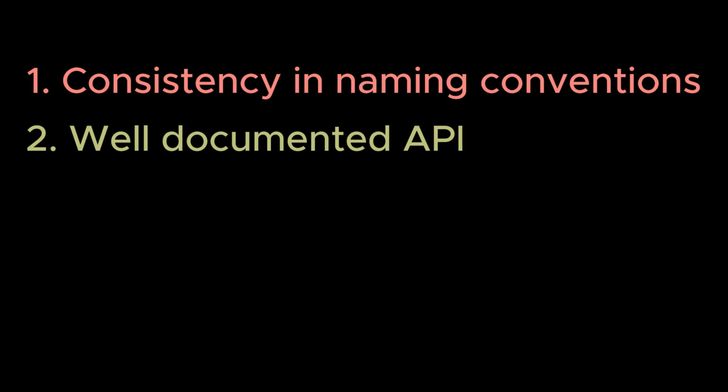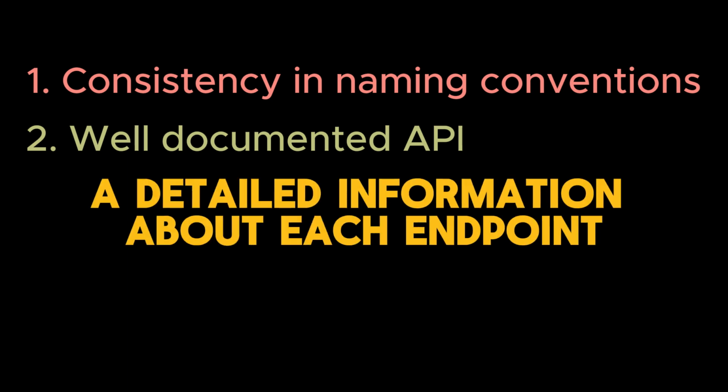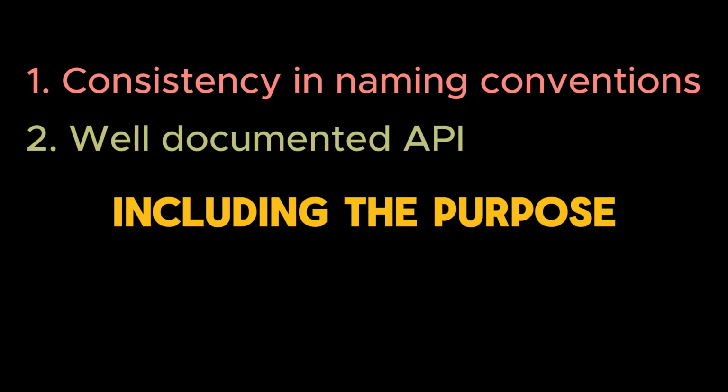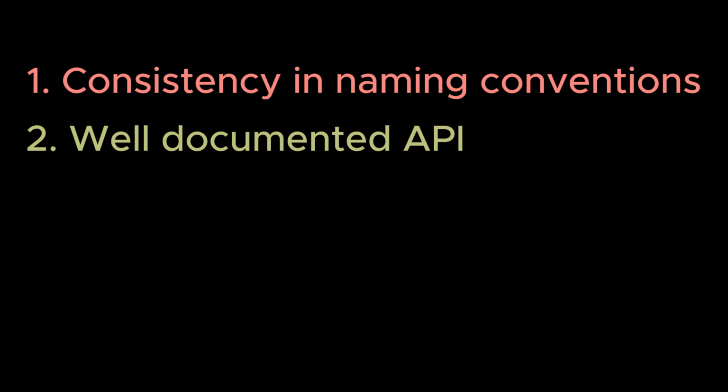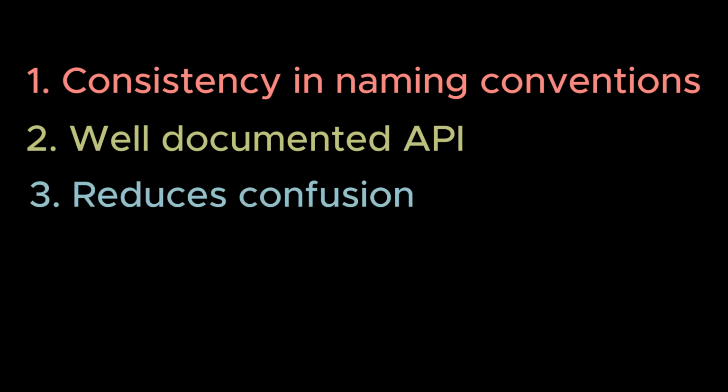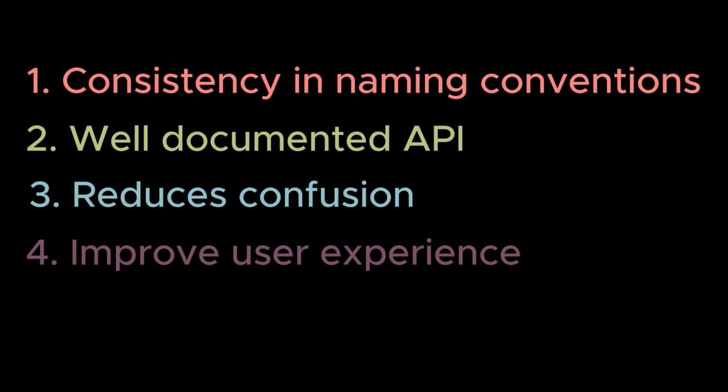API documentation should provide detailed information about each endpoint, including the purpose, input parameters, and expected responses. Proper documentation helps developers understand how to use the API correctly, reducing confusion and improving the overall user experience.